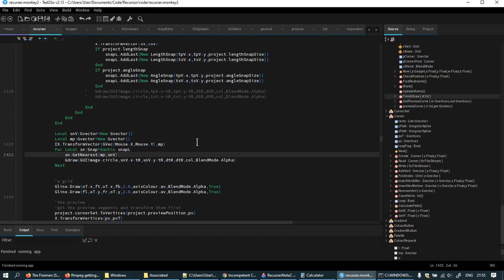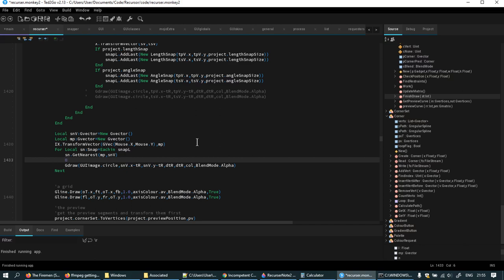And it can be done here. There's also snap transform vector. That's a better kind of notation for vectors, isn't it? Capital TV. Coming up with this stuff on the fly is not really easy.